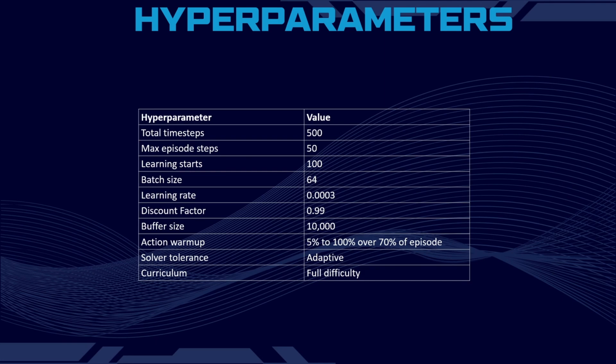Batch size is pretty common for any neural network. We exactly know how a batch size works. It decides how many rows would be present in each batch. Learning rate is used for back propagation. Here we have the concept of discount factor, buffer size, and we have introduced something called action warm up. This is not very common.